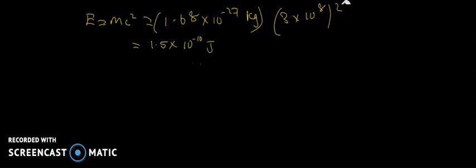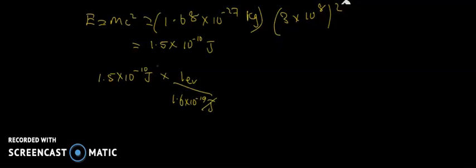Since we have the answer in joules, we need to convert this to electron volt. We know that 1 electron volt is equal to 1.6 times 10 to the power negative 19 joules. So since we have 1.5 times 10 to the power negative 10 joules, multiply this by 1 electron volt, divide this by 1.6 times 10 to the power negative 19 joules.